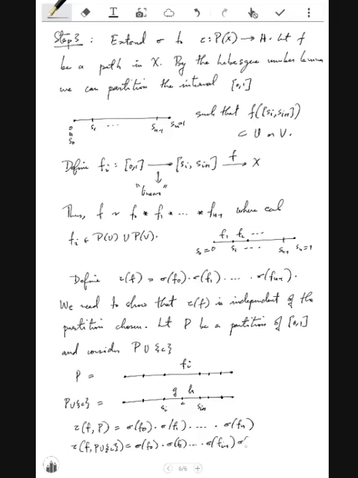Then we get sigma of G times sigma of H, and then sigma of Fi plus 1 up to sigma of Fn minus 1.